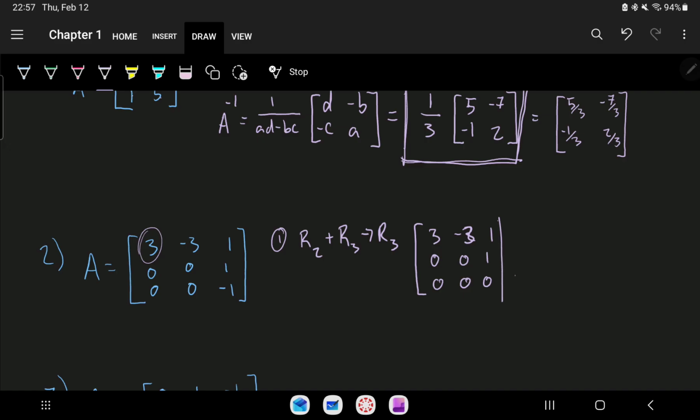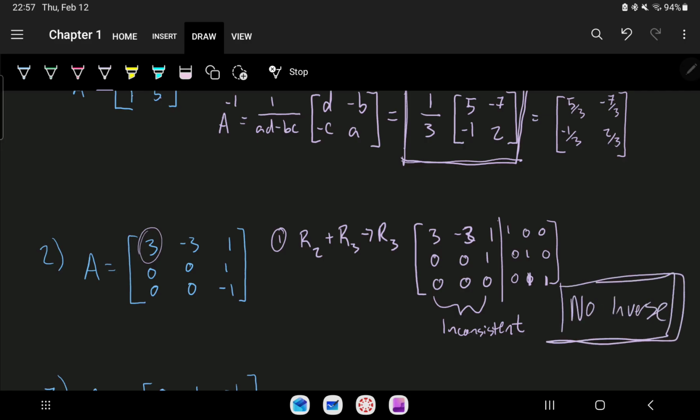And once we've appended the identity matrix to that, it will be obvious that this is inconsistent. This does not reduce to reduced row echelon form, so there is no inverse. That's all you've got to do.